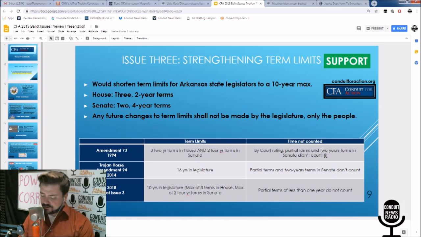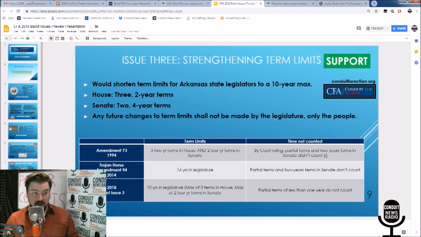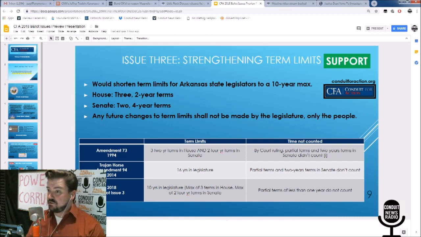And then they increased it to 16 years in the legislature, which said that partial terms and 2-year terms in the Senate wouldn't count. And because of that, it was possible under the 16-year term limit, under the John Woods-initiated fraud, that you could serve, if you drew the straws right, 22 years.